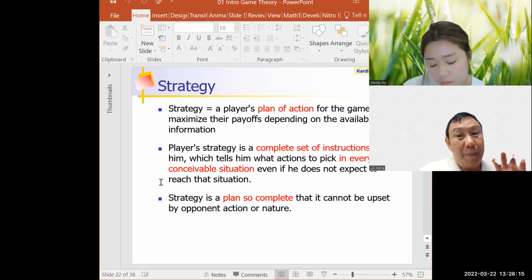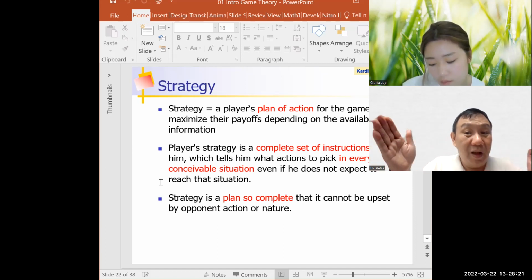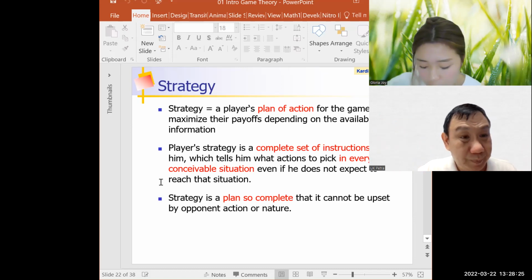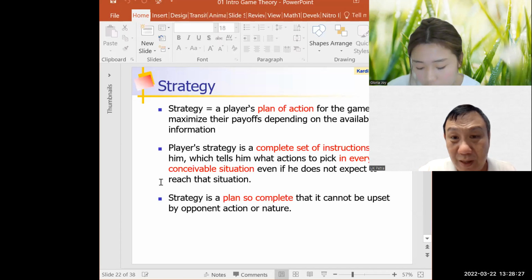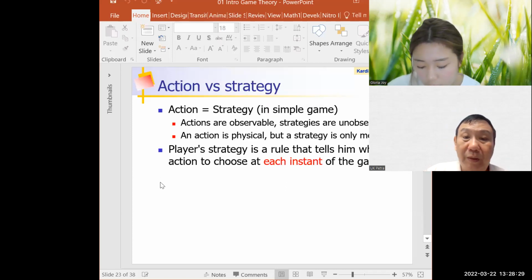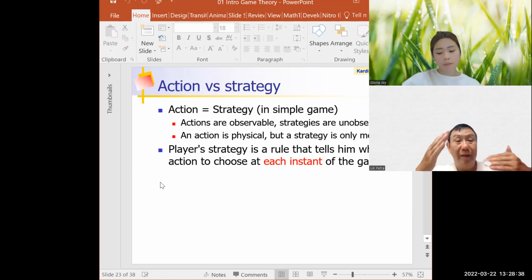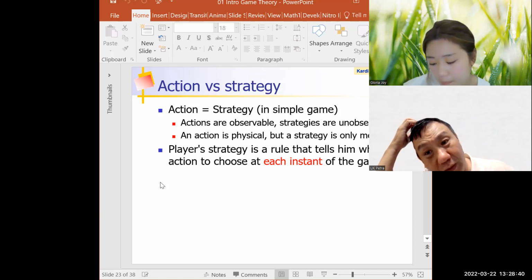A strategy is a plan of action that maximizes the payoff depending on the information. So it's a set of actions. In a simple game, where it's only one game, action is the same as strategy. If you have many games, then you have what is called strategy.